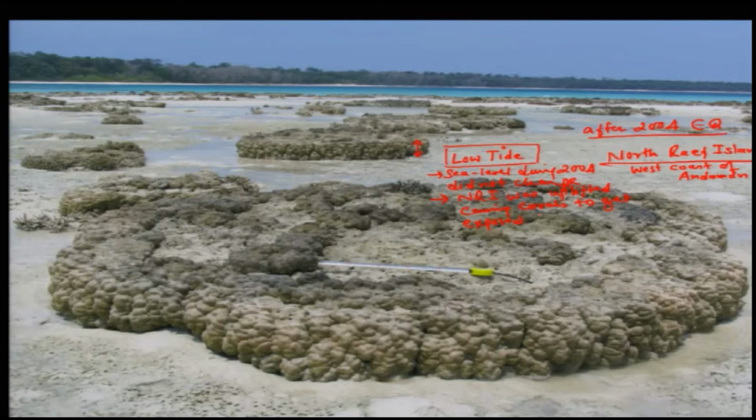If such corals are exposed, then they will die. Okay. So, in the next slides we will talk about how coral grows and what signatures we can infer from the corals, whether they are tectonic signatures or sea level change. Okay.